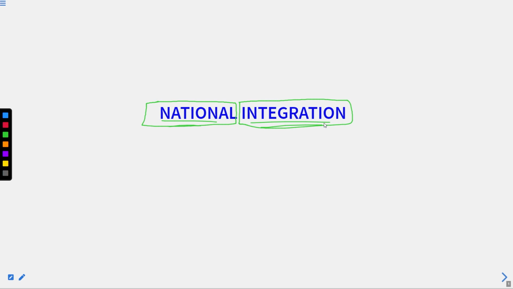When we talk about the national, whenever you look at India's map from the political point of view, you will see that India is not a uniform line. Uniform means there is no single government that governs the entire country.